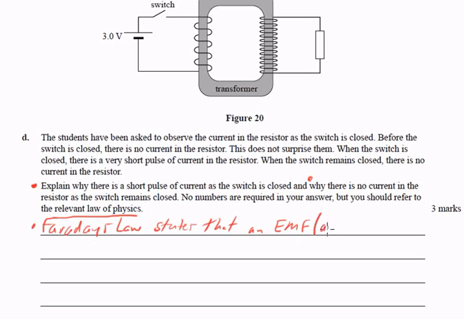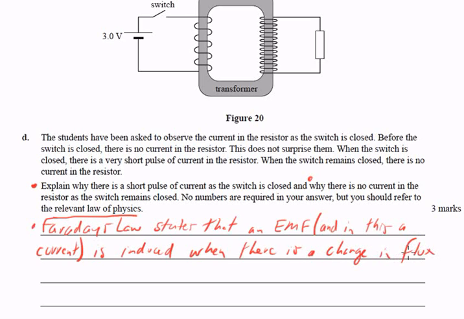So in this case, a current is induced when there's a change in flux. So I haven't explained really anything, I've just stated the law so far. Change in flux. So now I'm going to talk about how this change of flux answers these two questions.